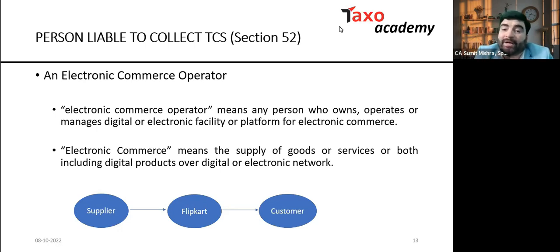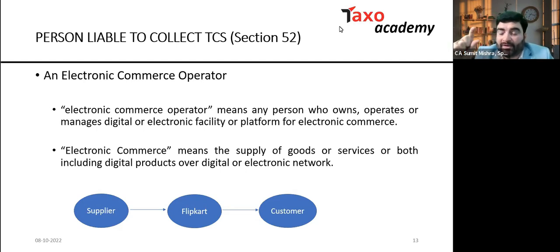An e-commerce operator is somebody who is managing or owning that particular portal. There is a platform like Flipkart, which is owning a particular platform wherein Flipkart is providing a place, a support, where anybody can sell or market their product, where the buyer can place their order and the supplier can easily supply to them.